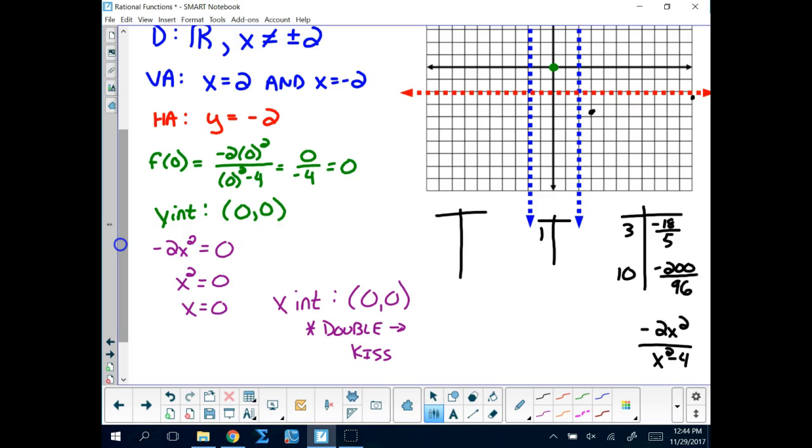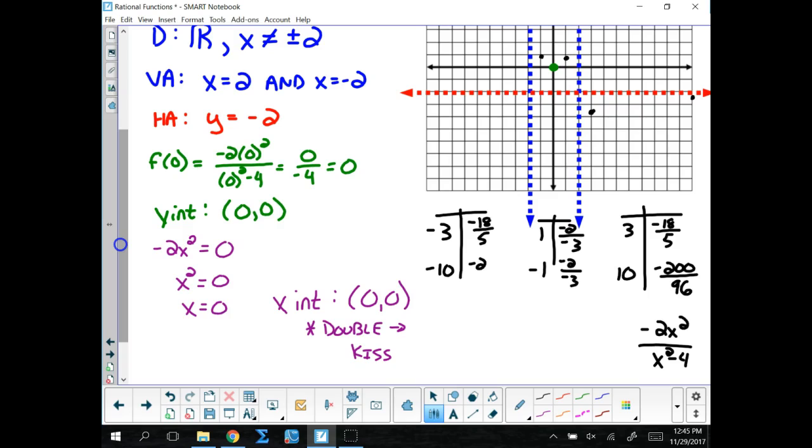Positive 1 in here is going to be negative 2 over negative 3. That's 2/3. Negative 1 in here is going to be negative 2 over negative 3, which is 2/3. Again, because it was a double, it has to come down and kiss it. Negative 3 over here is going to be exactly the same as positive 3 because I'm squaring everything.